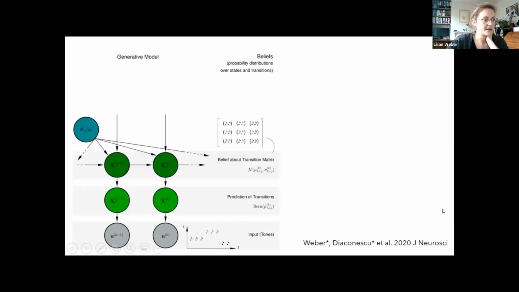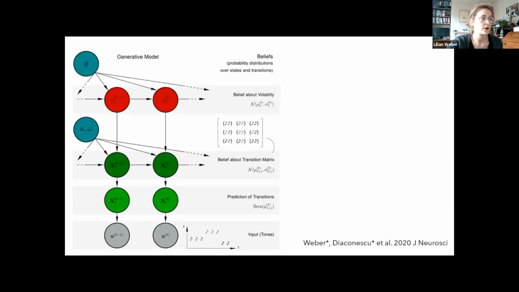And we hypothesized that participants would be inferring the probability of transitioning between tones of different pitch. So kind of a transition matrix or a matrix of probabilities. But on top of that, we also hypothesized that the brain would also infer the level of stability of that rule that underlies the auditory sequence. So how fast this transition matrix might be changing.